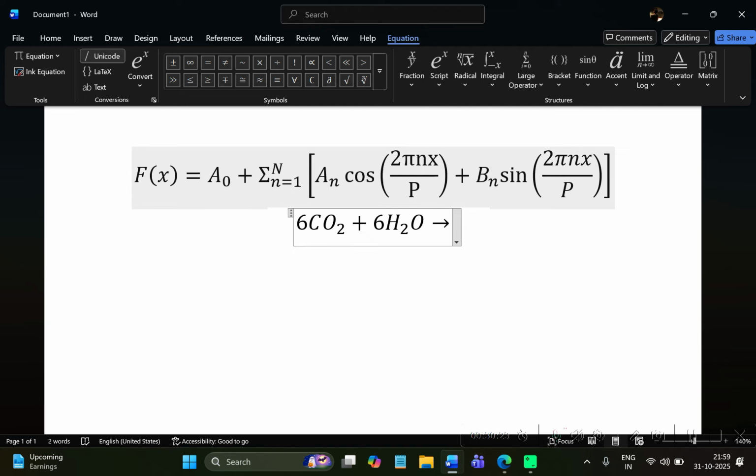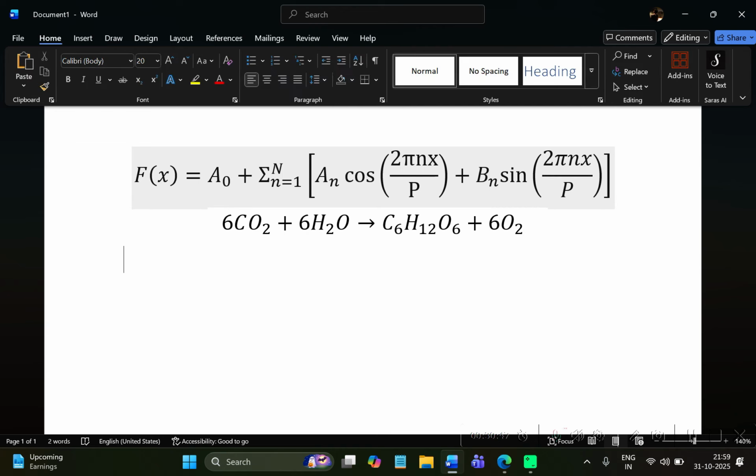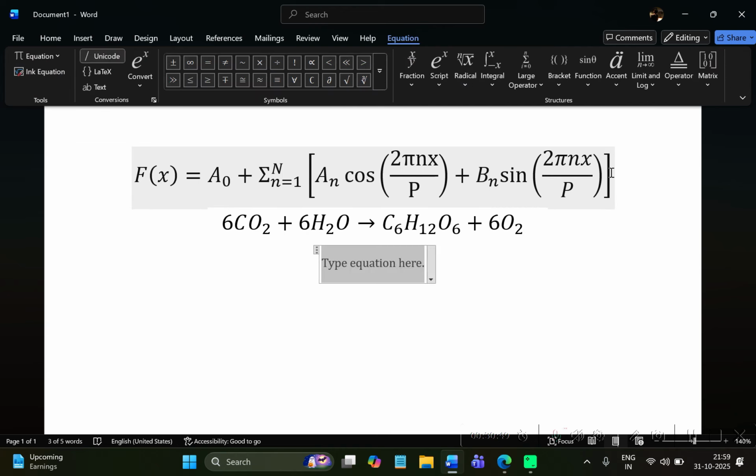You want to write C6H12O6, so don't write C underscore 6 and then H immediately. Then it will not be rendered. Once you have this, you just give the space. Now you move on to H12. Now you move on to O6. So you have it there, plus 6O2. There we have a pretty little chemical equation.